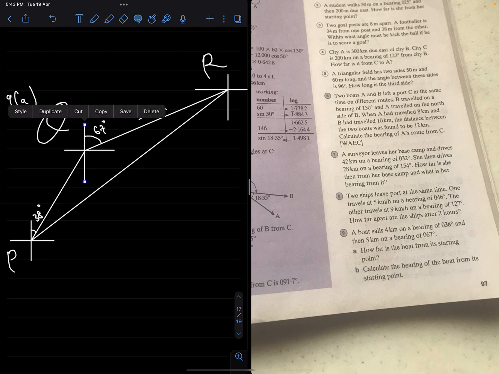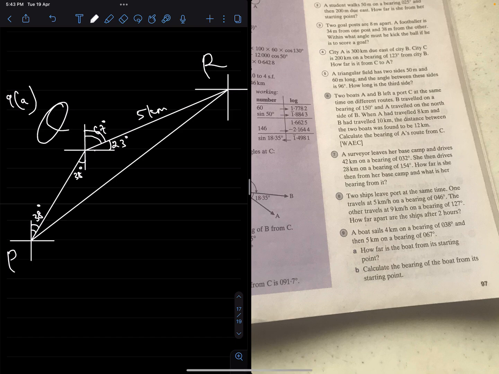Maybe I should reduce the length of that a little. So if this is 67 degrees, that simply means this is going to be 23 degrees, 90 minus 67 degrees. And if this is 38 degrees, this will also be 38 degrees, alternate angles. And I know that this is 90 degrees.